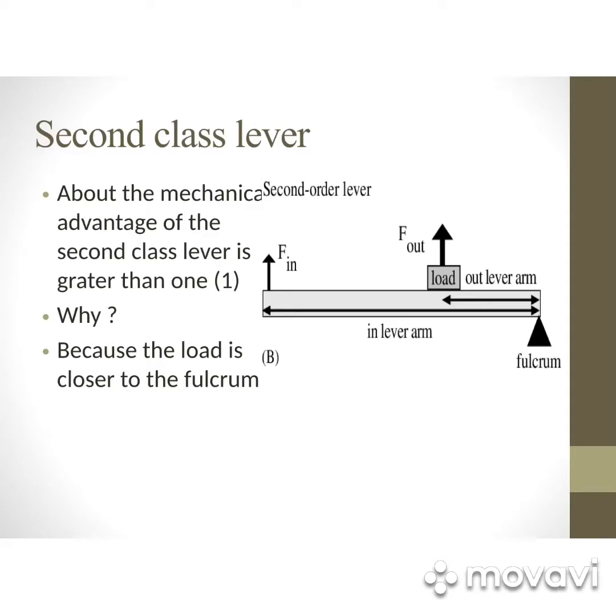If you compare the distance between the input force and the fulcrum with the distance between the load and the fulcrum, you will realize that the distances are different, and that makes the difference in the whole case of mechanical advantage. So remember, the mechanical advantage of the second class lever is greater than 1. Why? Because we consider the location of the load to the fulcrum.